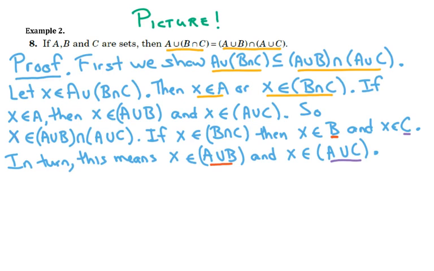So you see how this seems a very tedious argument. The picture is so much easier to use. But we have shown now that this set is a subset of this intersection here.